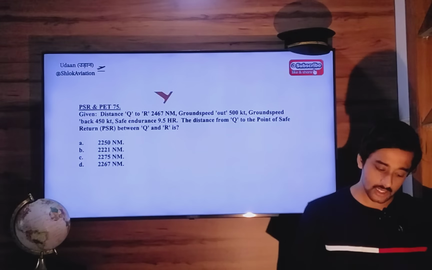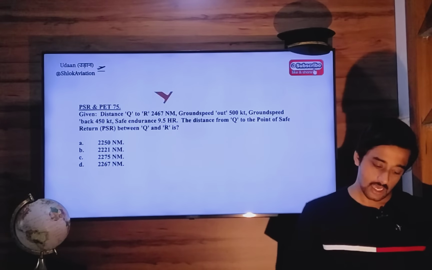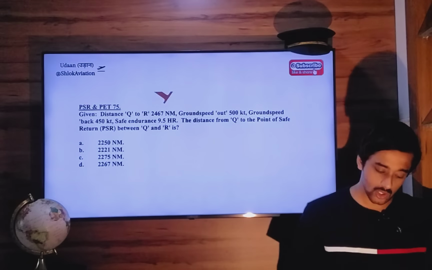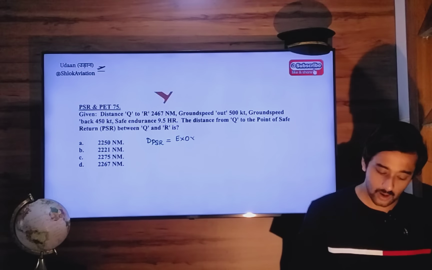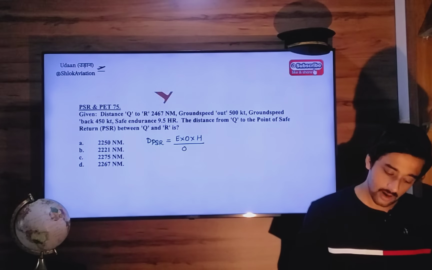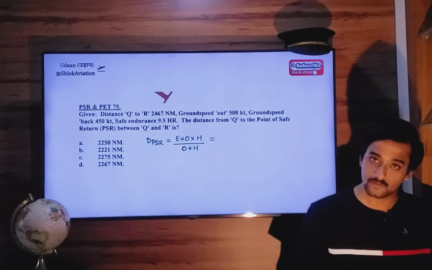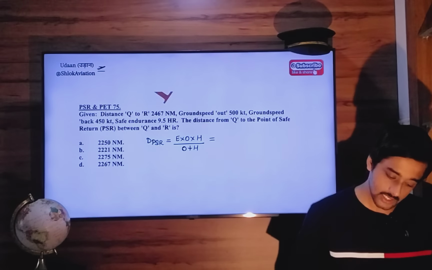Next, Q to R distance 2467, outbound speed 500, homebound speed 450, endurance 9.5. What is the distance to the point of safe return? So distance to the point of safe return is endurance into outbound into homebound divided by outbound plus homebound. Endurance here is 9.5. Outbound speed is 500. Homebound speed is 450.